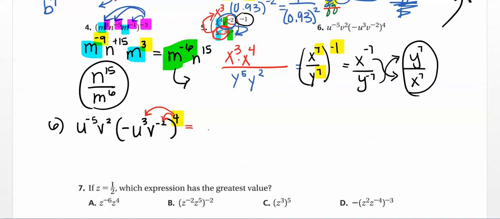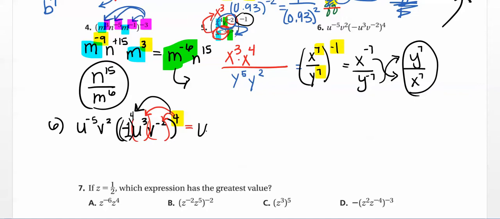So we're taking u to the 3rd to the 4th power and v to the -2 to the 4th power. That's what the multiplying rule is. But you see this negative sign out here? It's like there's a -1.